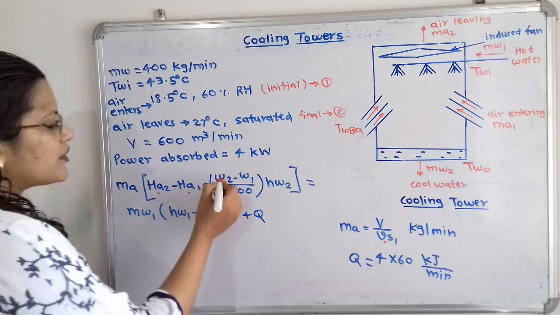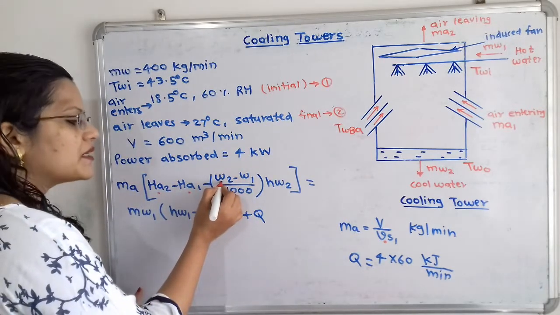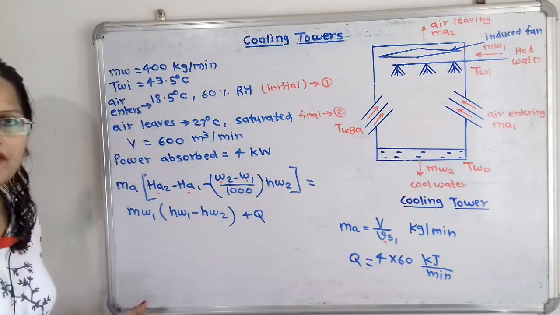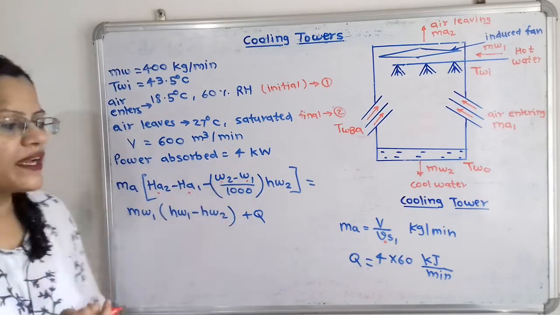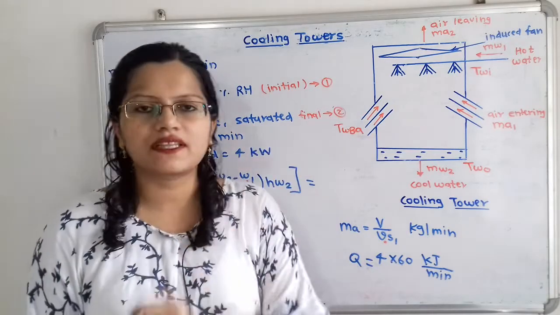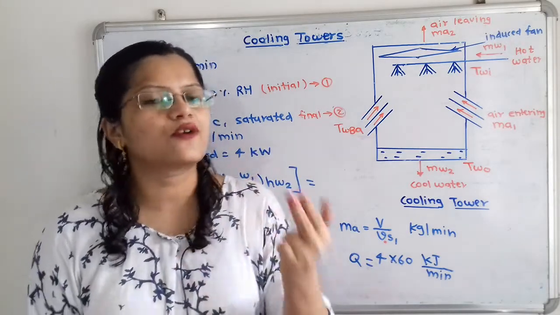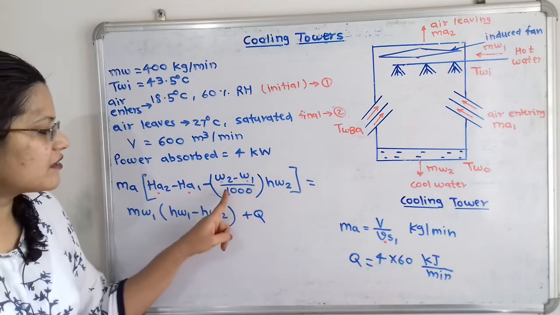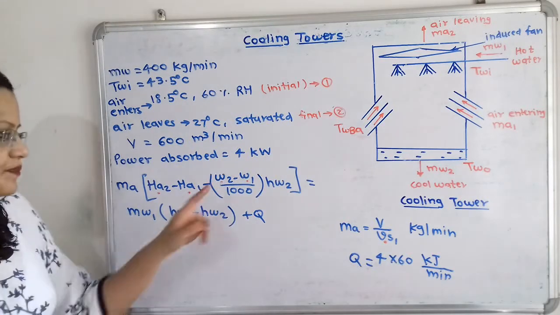Then we are also going to find out the specific humidity, that is omega 2 and omega 1. So this omega 2 and omega 1 is given in grams per kilogram, but standard unit is kilogram per kilogram, so we will take here divided by 1000.